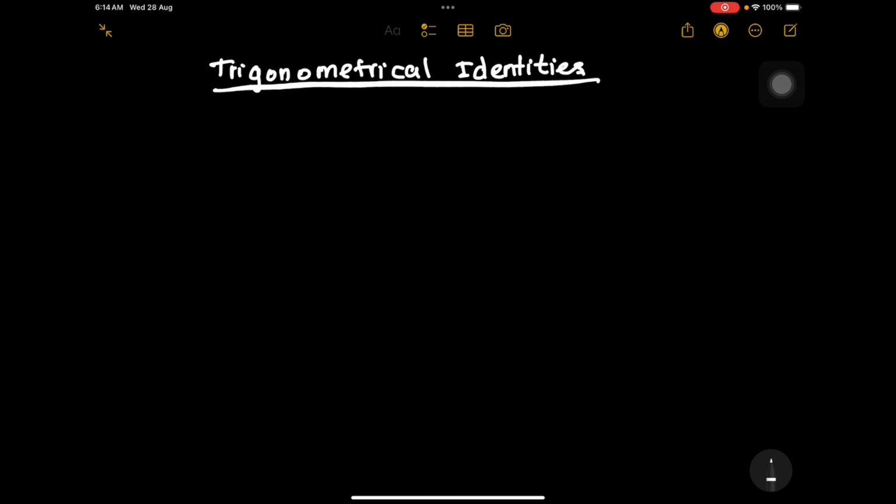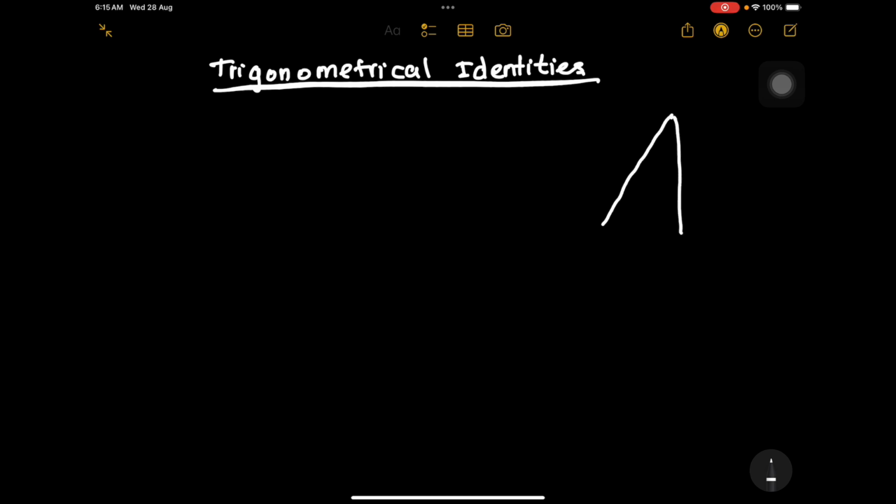Similarly, an equation involving trigonometric ratios of an angle is called a trigonometrical identity if it's true for all values of the angles involved. In this session, we will prove one trigonometric identity and use it further.